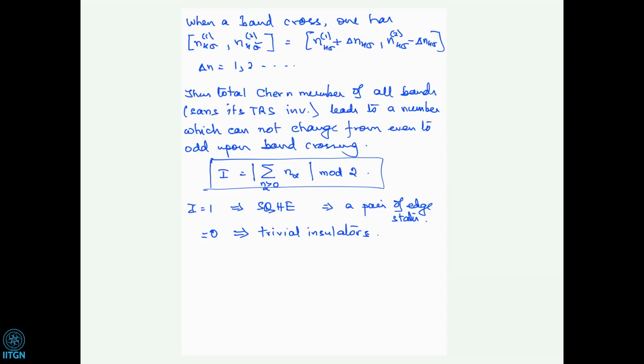I can bring those two crossings close to each other by tweaking band parameters. I can change their positions, and they may annihilate each other, which means that under perturbations, this is not topologically protected. However, if there are an odd number of them, at least one will always remain. Okay, and therefore these are different from trivial insulators. You cannot mold them or modify them to form trivial insulators.